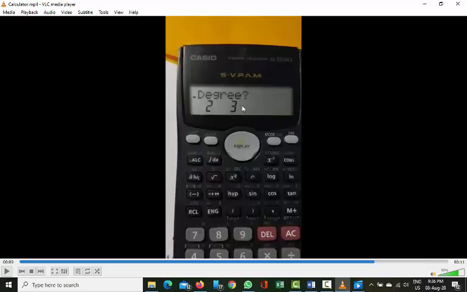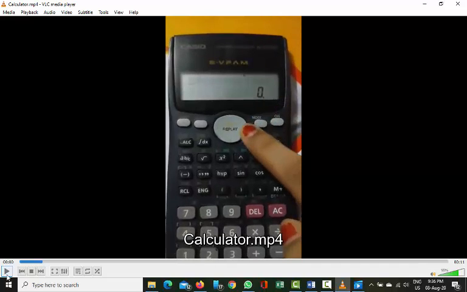As I said, this is a second degree equation, so the degree is 2. You should press 2 here, and then equal.